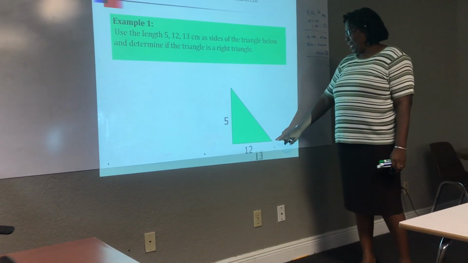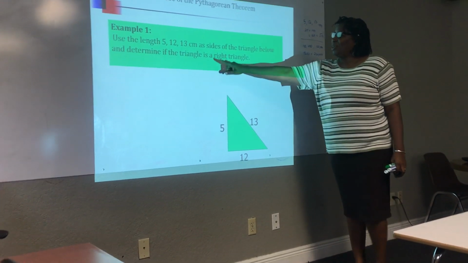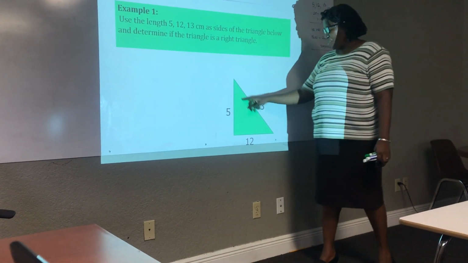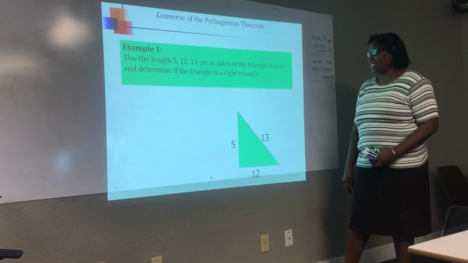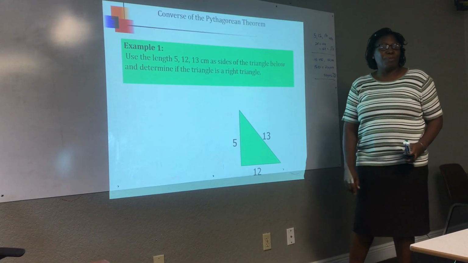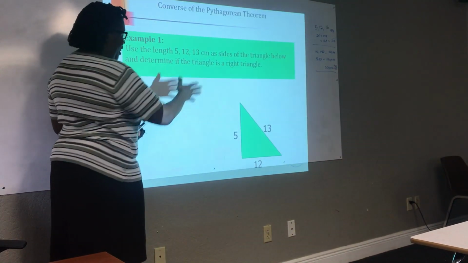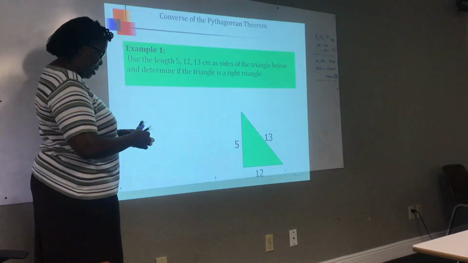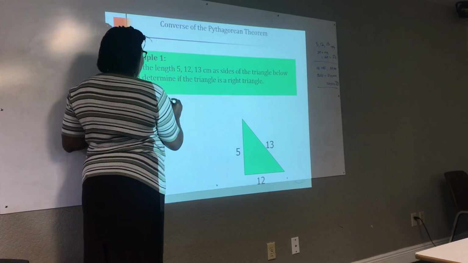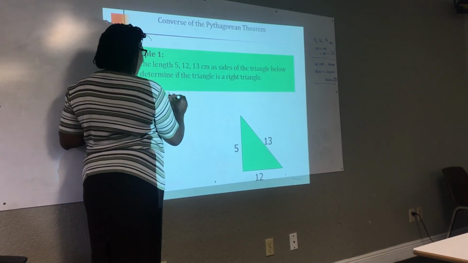And then the third side, because that's the longest of all three, would be 13 centimeters. Now, to determine this, we're going to use the converse of the Pythagorean theorem to prove whether or not this is a right triangle. So first let's write the Pythagorean theorem.